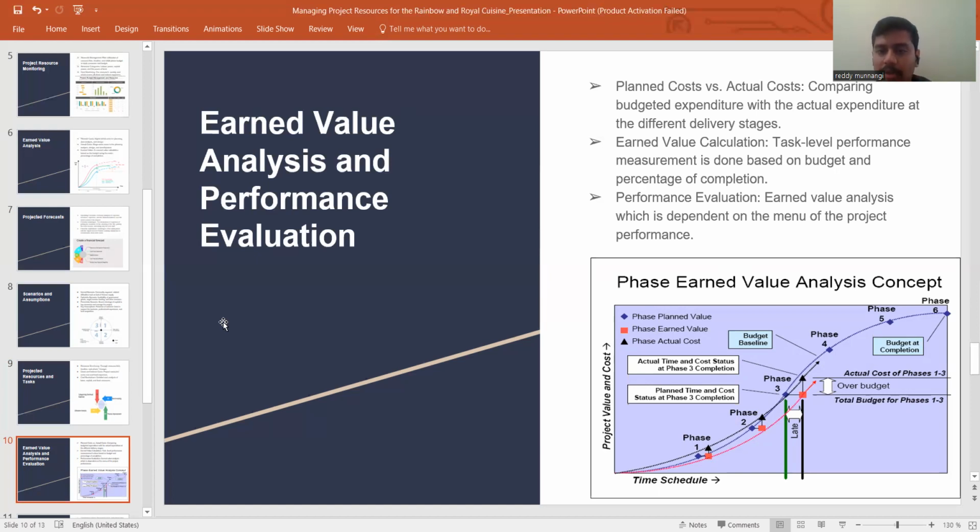So one more thing, performance valuation can be shown by earned value analysis, which depends on the measure of project performance. We'll get the performance value at the end by using the formula. You can see it in detail in my Excel sheet, which I shared in the report.